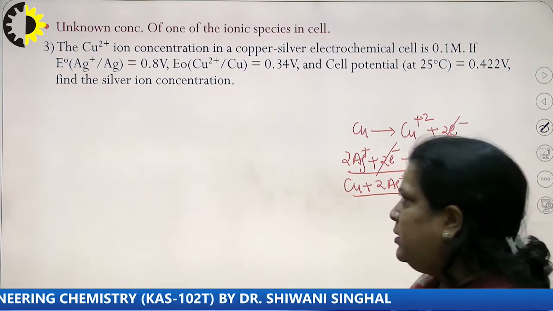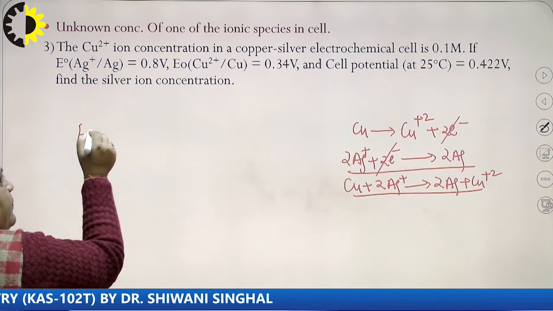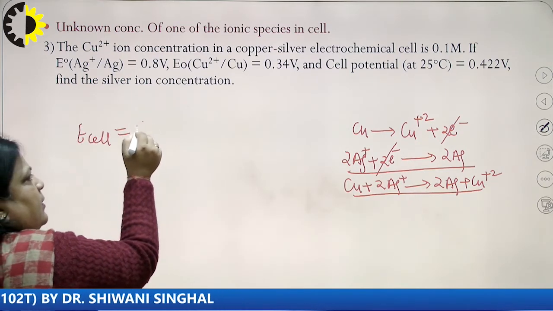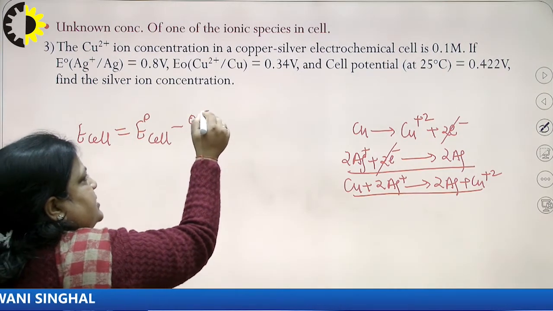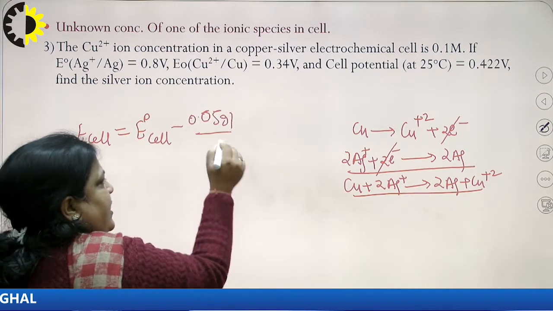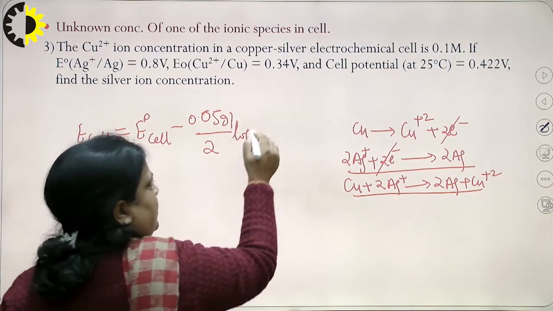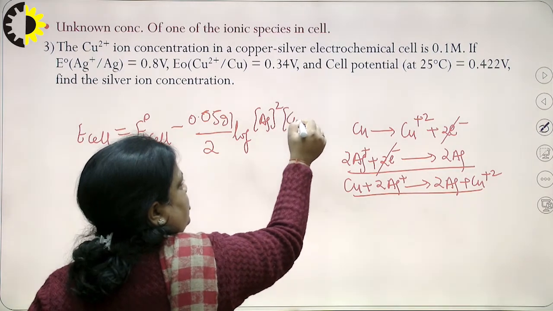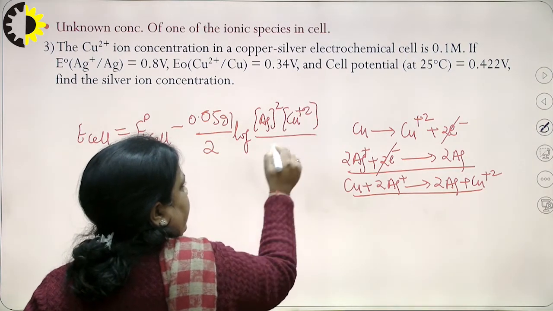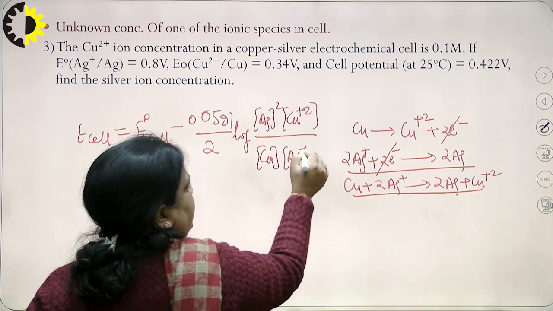So, 2 Ag plus Cu plus 2. Now, E cell is equal to E naught cell minus 0.0591 upon n, and for this reaction n is 2, log of product upon reactant. The product is Ag square times Cu plus 2 divided by Cu and Ag plus square.